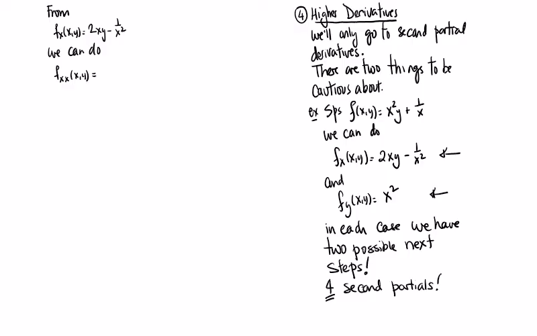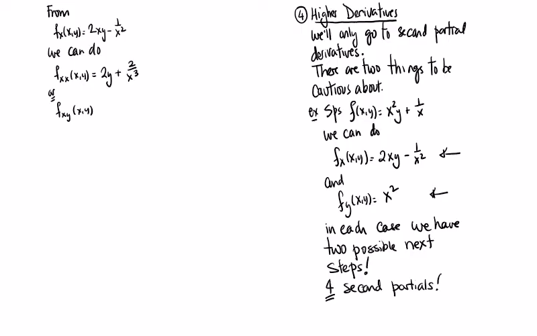We'll talk about the order of those letters in a second. I'm going to take this function above and do the derivative with respect to x yet again. So the derivative of 2xy with respect to x is 2y, and then plus 2 over x cubed. Or we can then do y.